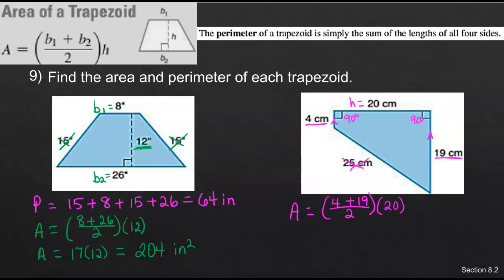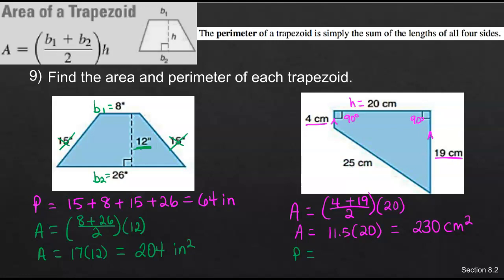4 plus 19 is 23. If I divide that, it's 11.5. So my area is 11.5 times 20. And then I have an area of 230 square centimeters. Let's go ahead and do that perimeter. The perimeter is just adding up our sides.